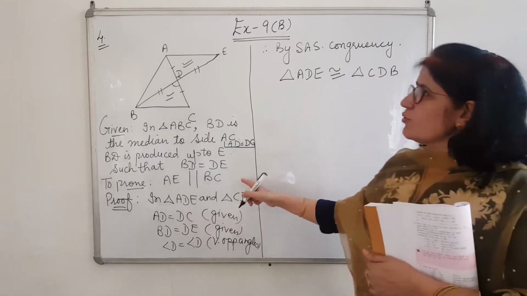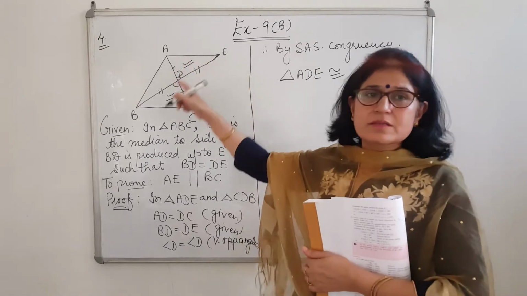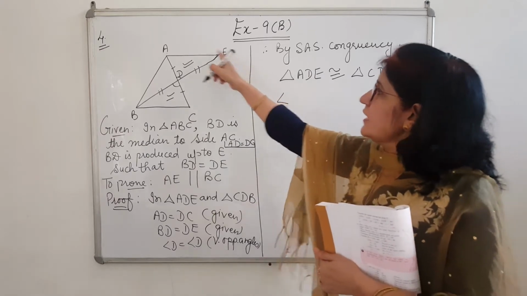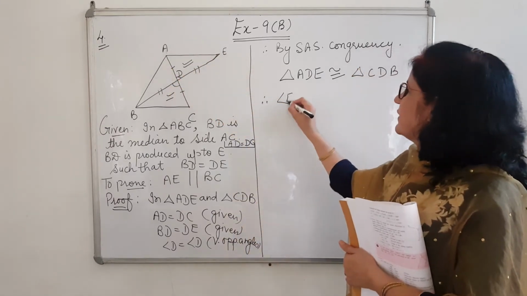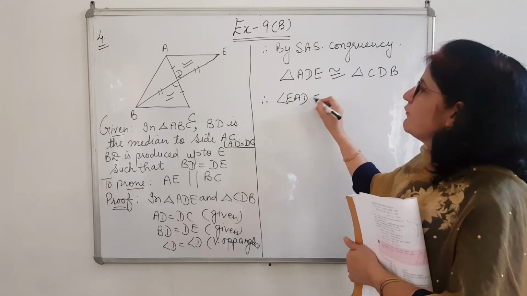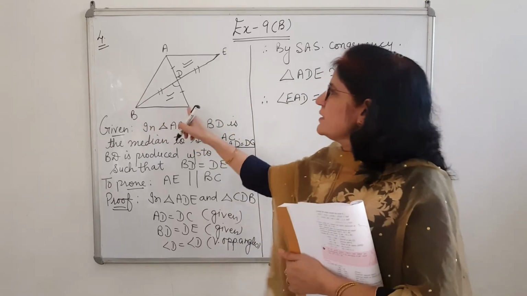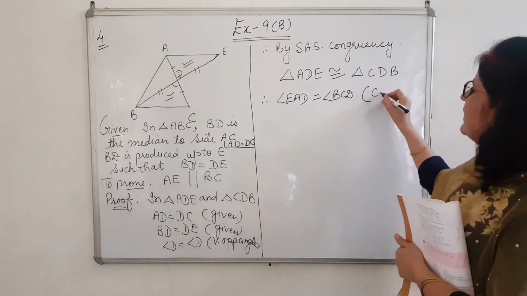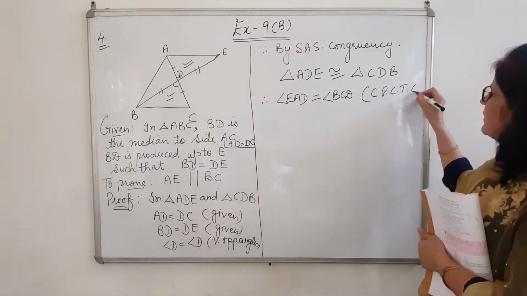If triangles are congruent, then corresponding parts will be also equal. Therefore, angle EAD will be equal to angle BCD by CPCTC.